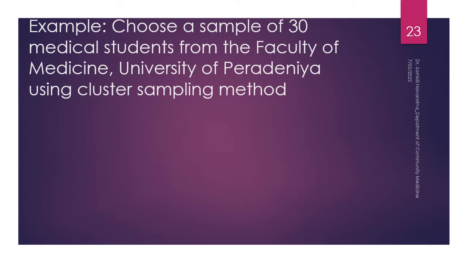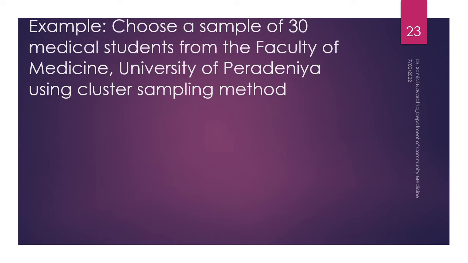So, a similar example to understand the cluster sampling method. Choose a sample of 30 medical students from the Faculty of Medicine, University of Peradeniya using cluster sampling method. Here you have been asked to choose 30 medical students, and there are 5 batches of medical students at a given time at the Faculty of Medicine, University of Peradeniya.